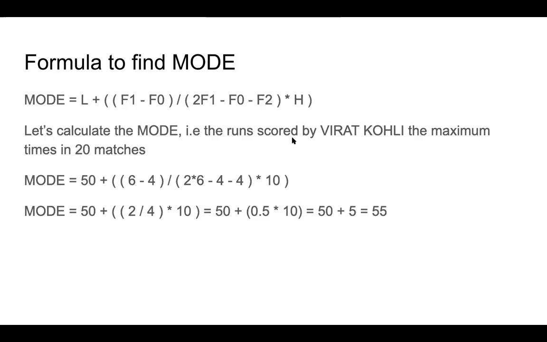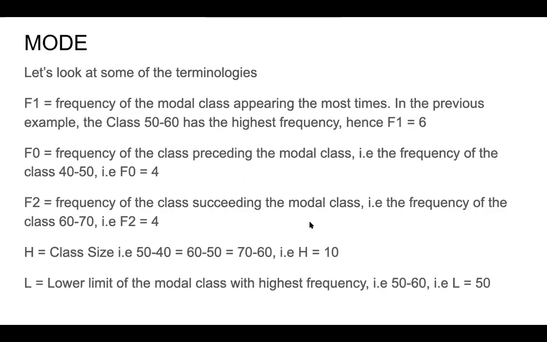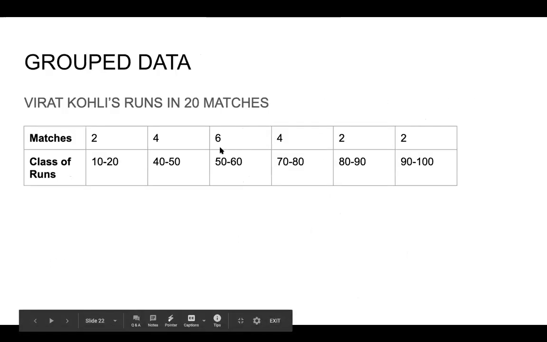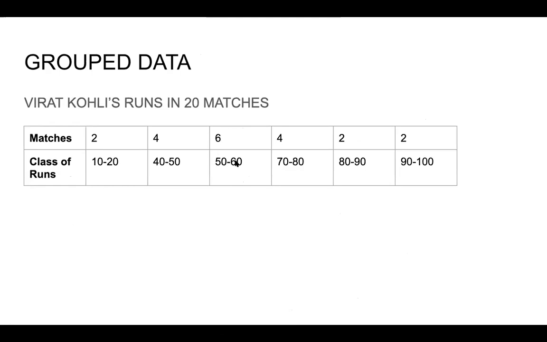So let us calculate the mode now, the runs scored by Virat Kohli the maximum number of times in 20 matches. What was L? From our previous slide, L was the lower limit of the class with the highest frequency. The class with the highest frequency is 50 to 60, and its lower limit is 50.